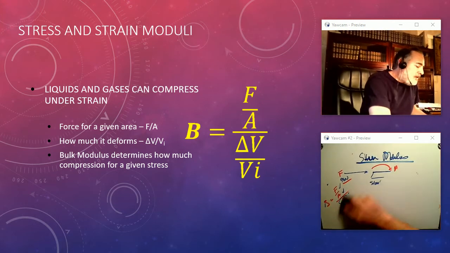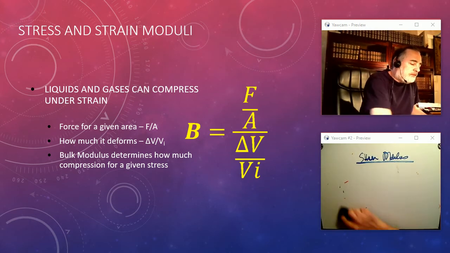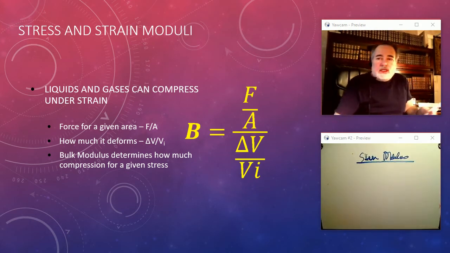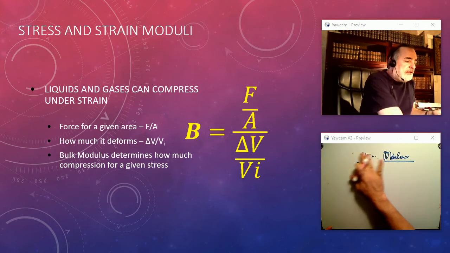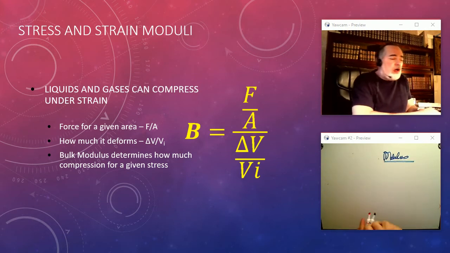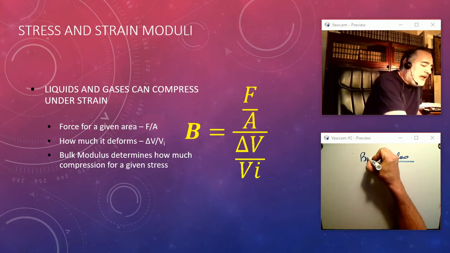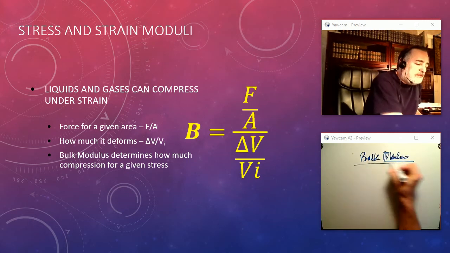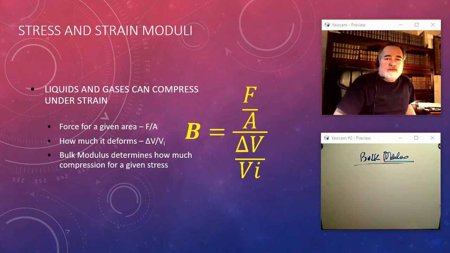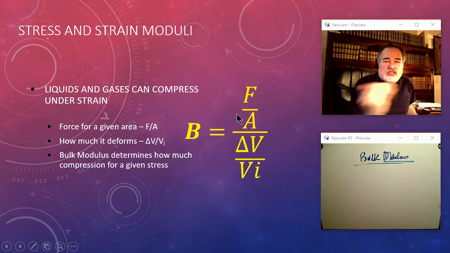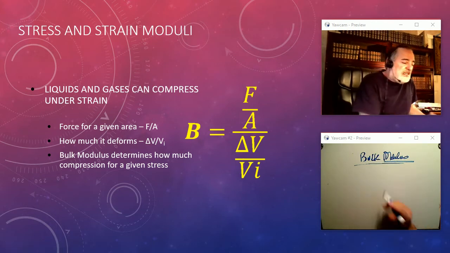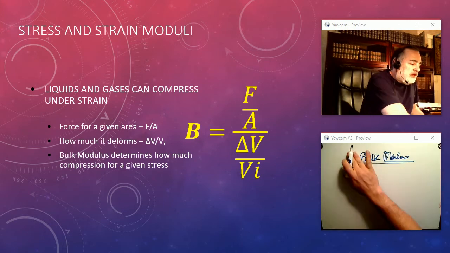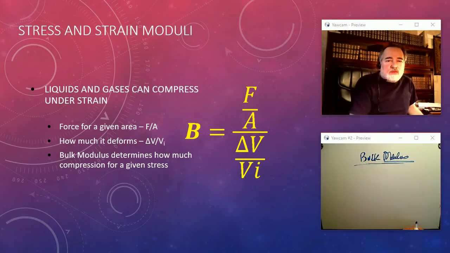Now, what happens in a bulk modulus is that we're going to have something that is going to compress. Now, this should have a minus sign in here because compression is inward. You're changing its volume.